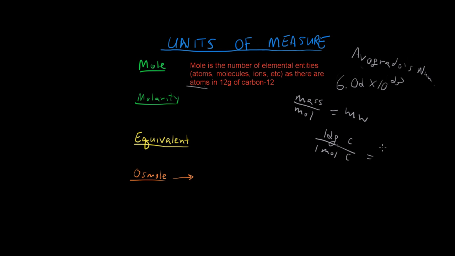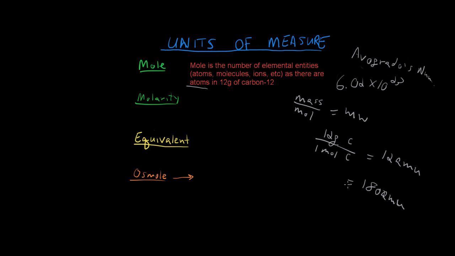So carbon-12 has 12 atomic mass units. This is just a way of accounting for each atom and its weight. So if you take a mole of glucose and you add all of its atoms together, then you find that it has a molecular weight of 180 atomic units.